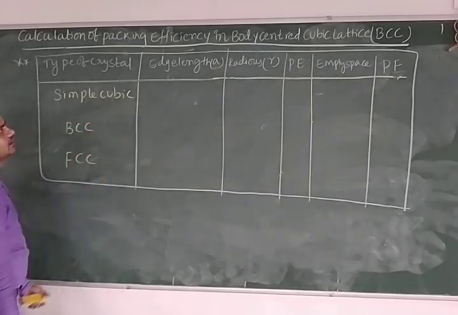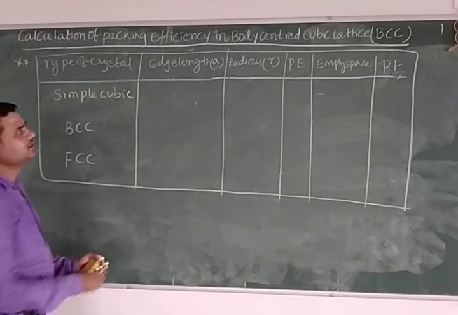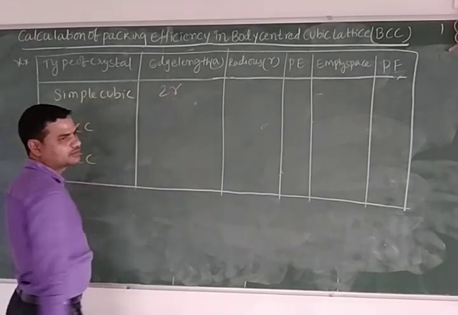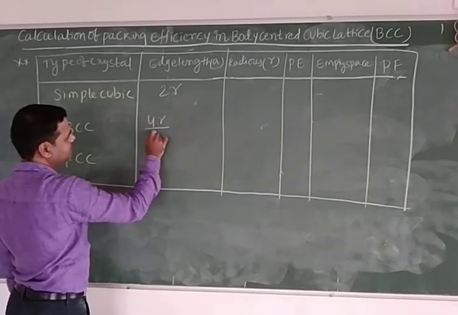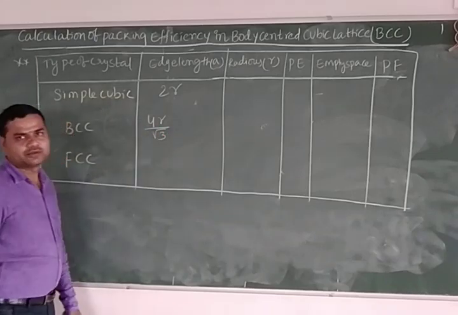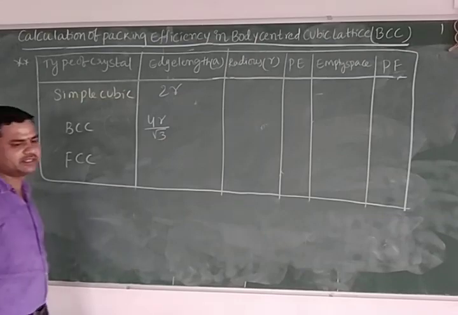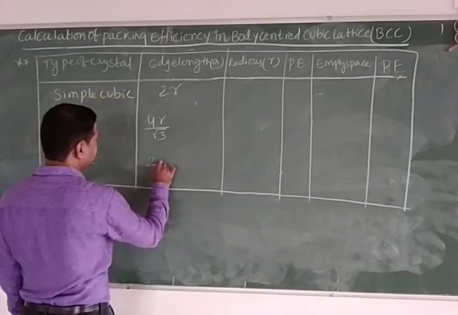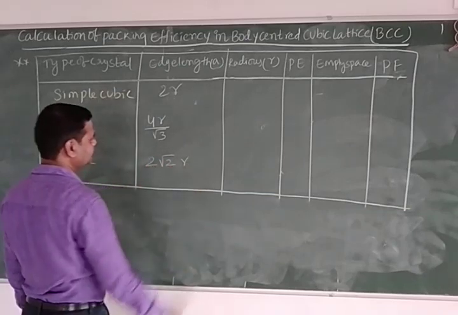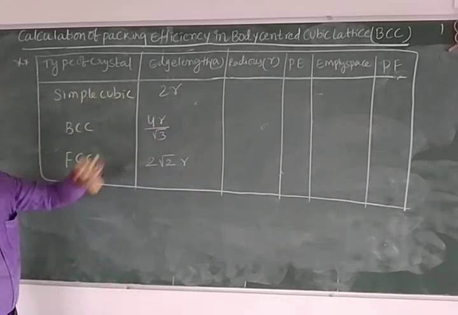FCC. What is the edge length value for simple cubic? a is equal to 2r. Next, in case of BCC, 4r by root 3. Right. And now in this FCC, a is equal to what is the formula? That is 2 root 2 r.